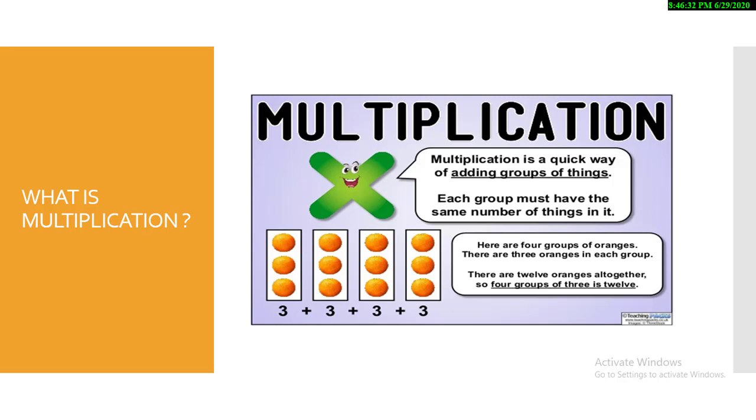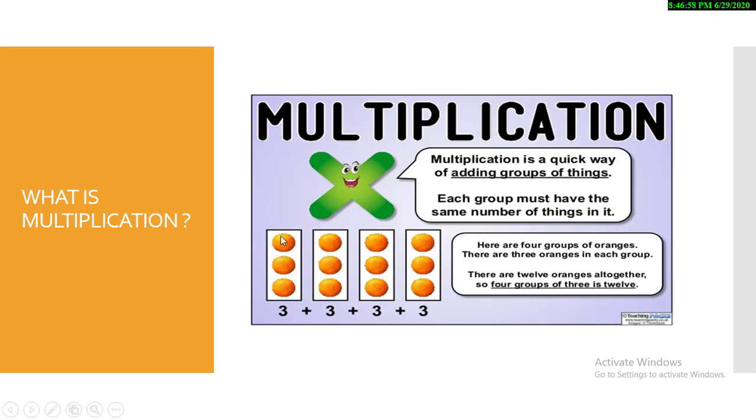For example, in this picture, if you are not aware of multiplication, you will add all the balls one by one. But once you know the multiplication method, you will just count the number of balls in one group, that is 1, 2, 3, and then you will count how many groups there are.